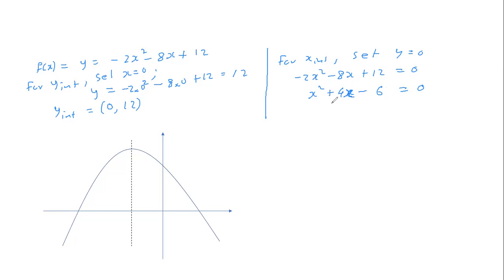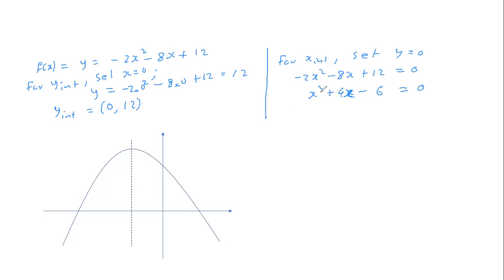No. 6 times 1 is 6, 3 times 2. None of them gives us positive 4. Therefore, factoring is hard. It means it is not factorable. Now, is that a part of the question?